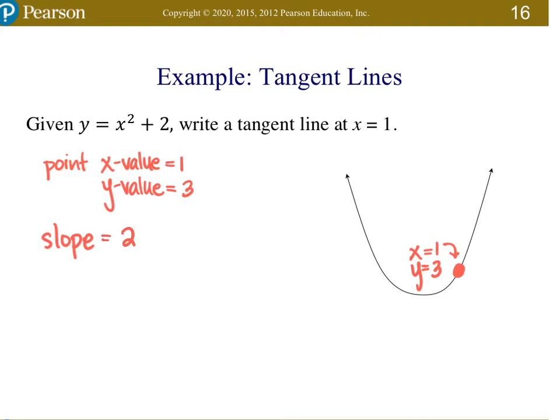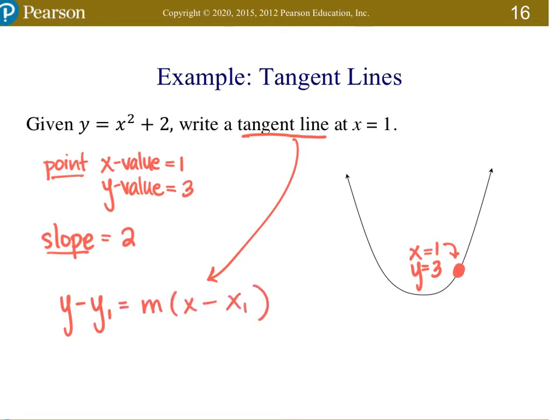So since I have a point value and the slope value, I'm going to write what's called a tangent line. Okay, the tangent line is an equation for a line which is y minus y1 equals m times x minus x1. We've worked with this equation before. And so we'll drop our x value in for x1, our y value in for y1, and our slope value.